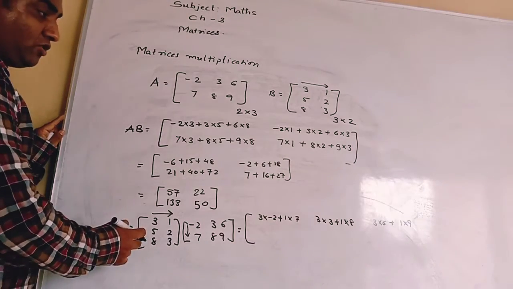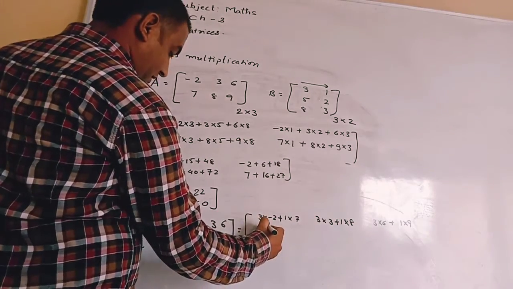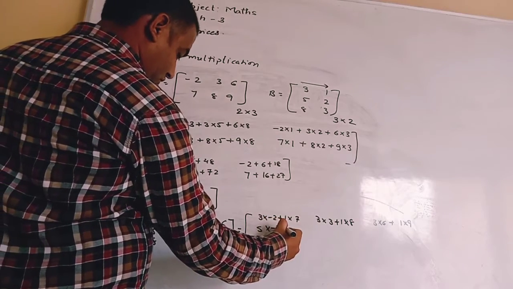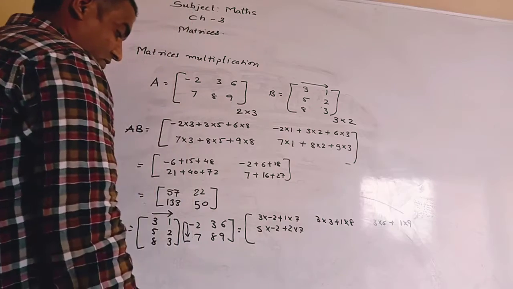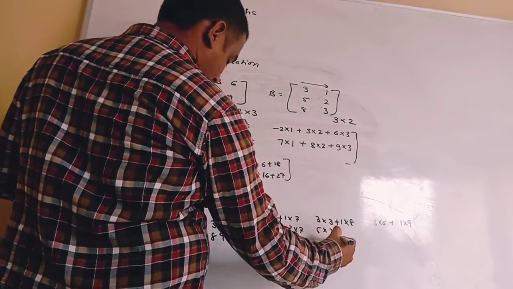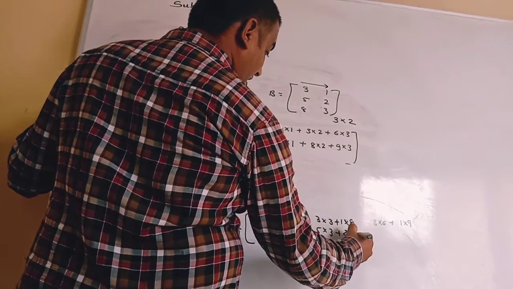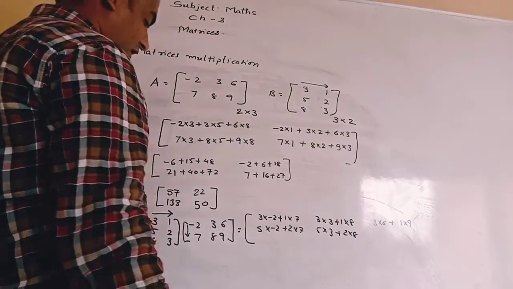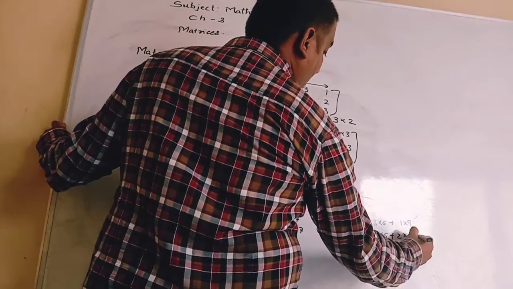Now for the second row elements we write 5 multiply -2 plus 2 multiply 7. Second row second element will be 5 multiply 3 plus 2 multiply 8, and second row third element will be 5 multiply 6 plus 2 multiply 9.